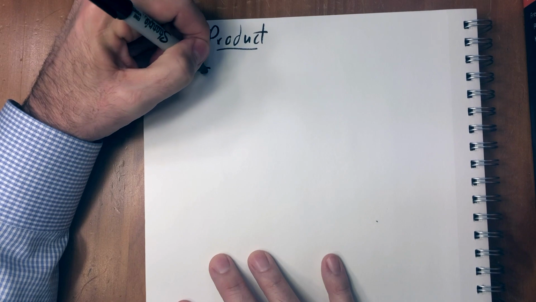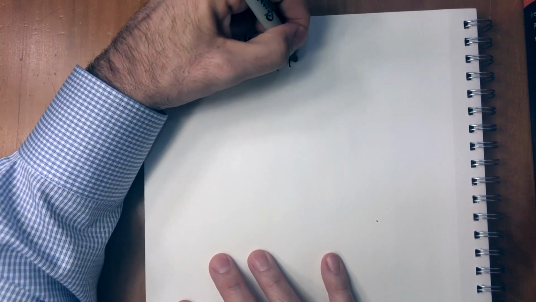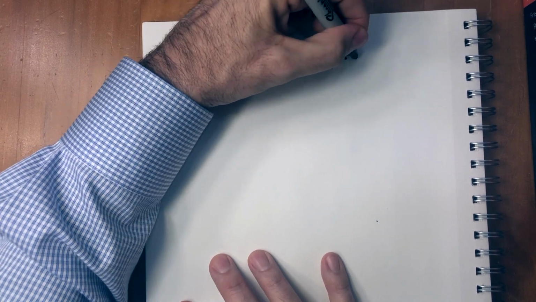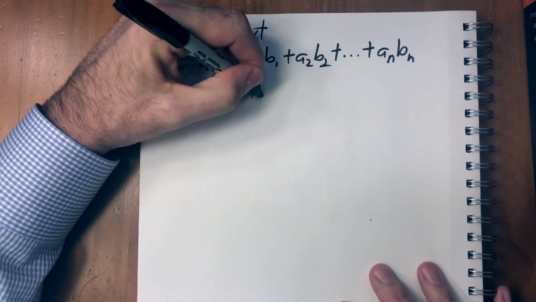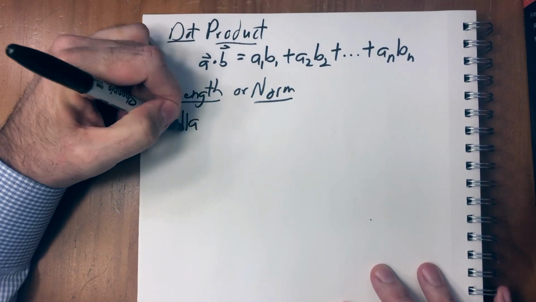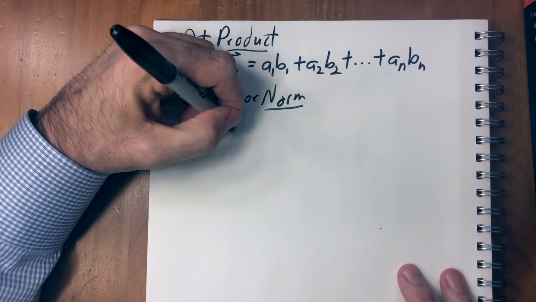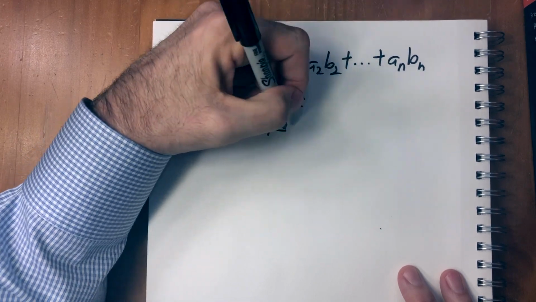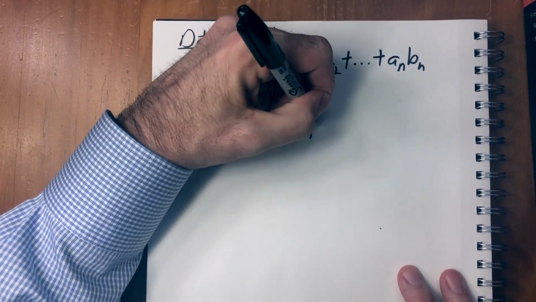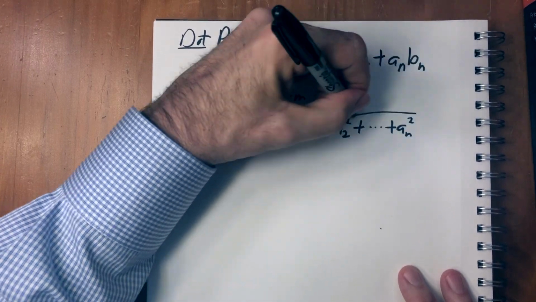The dot product, or inner product, is defined the same as in R2 and R3. a dot b equals a1 b1 plus a2 b2 plus up through an bn. And then the length of a vector, or the norm of a vector a, is written like that, and it's defined as the square root of a dot a, which if you expand that, is the square root of a1 squared plus a2 squared and so on, the square root of the whole thing.